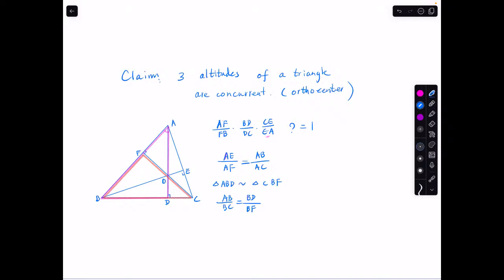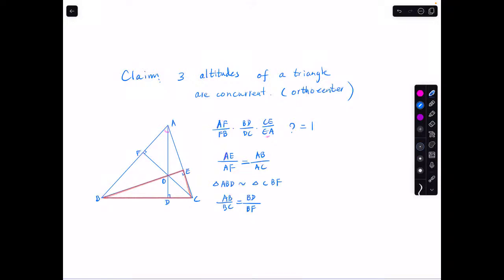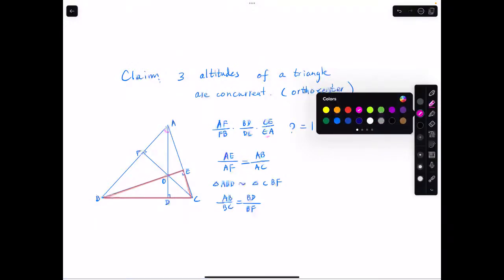Okay, so finally, for the triangle, let me see, sorry, let me get rid of that. Okay, so I have this triangle, and I'm going to have a similar triangle, which is this one here.